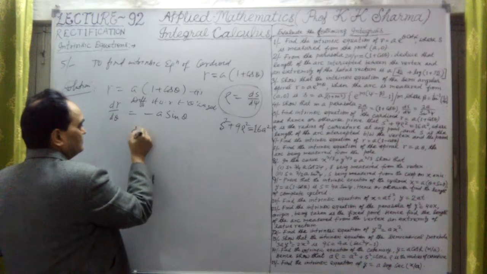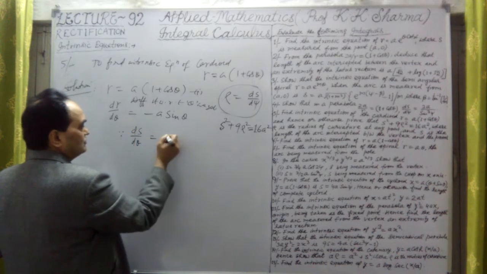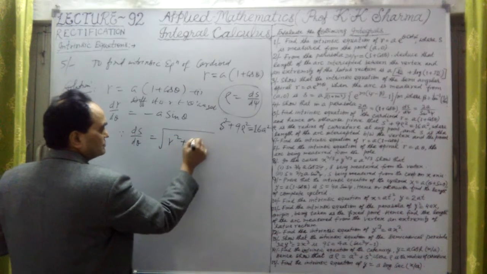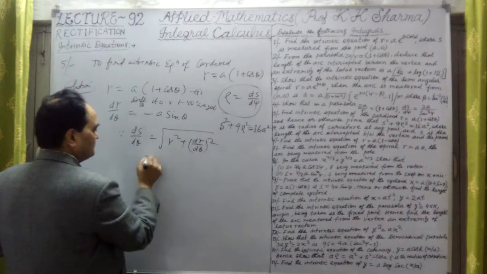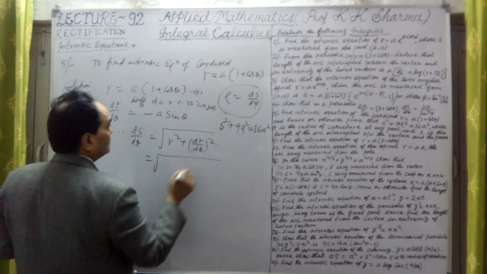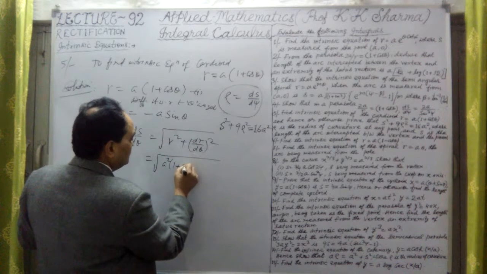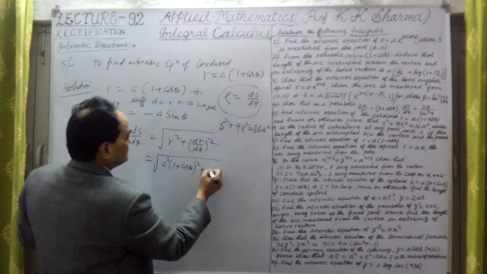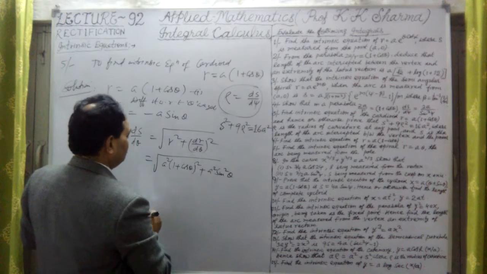Now ds upon d theta is the square root of r square plus dr upon d theta whole square. Here r square is a square into 1 plus cos theta whole square, plus dr d theta square, which is a square into sin square theta.